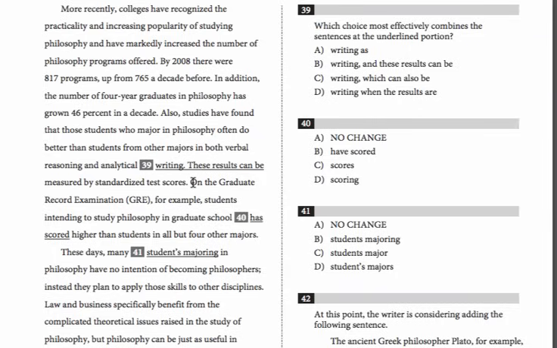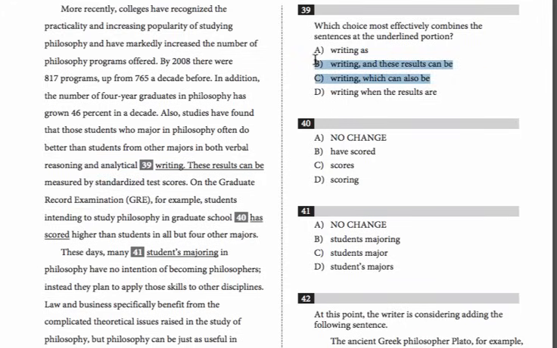Or in other words, we know they're better at verbal reasoning and analytical writing because we've seen the test scores showing that that's the case. Not like they're better and those results can be measured. It's saying that test scores proved the point in the first place. I hate B because of that. See, writing, which can also be measured by test scores.